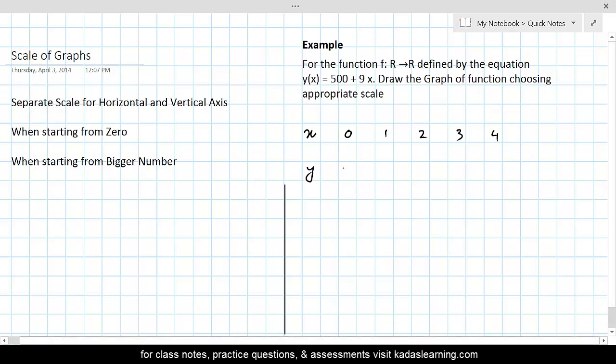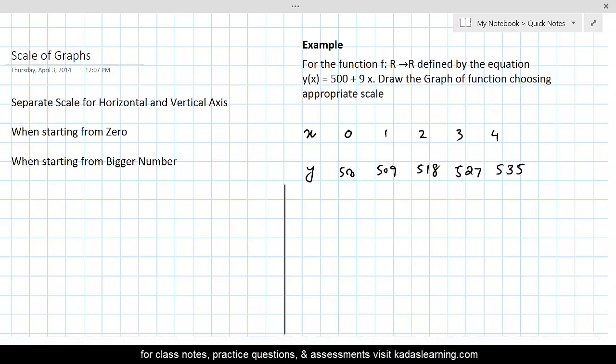So against 0 it will be 500, for 1 it will be 509 and 518, 527 and 535. These are values of the dependent variable, while x is independent variable.